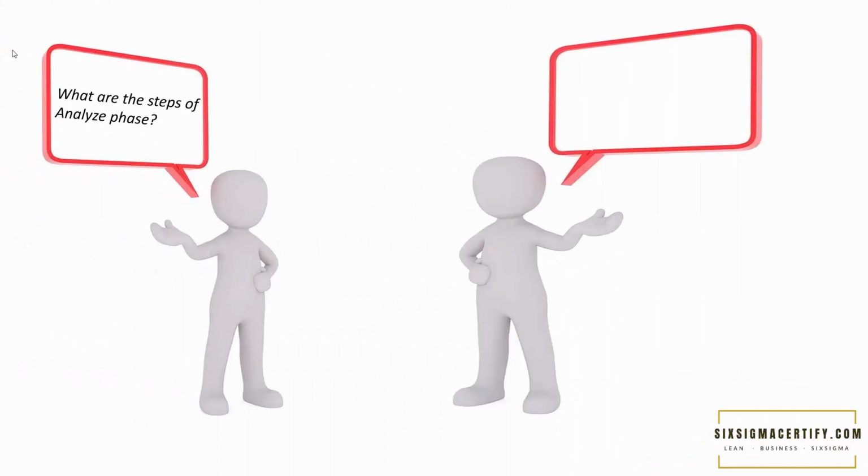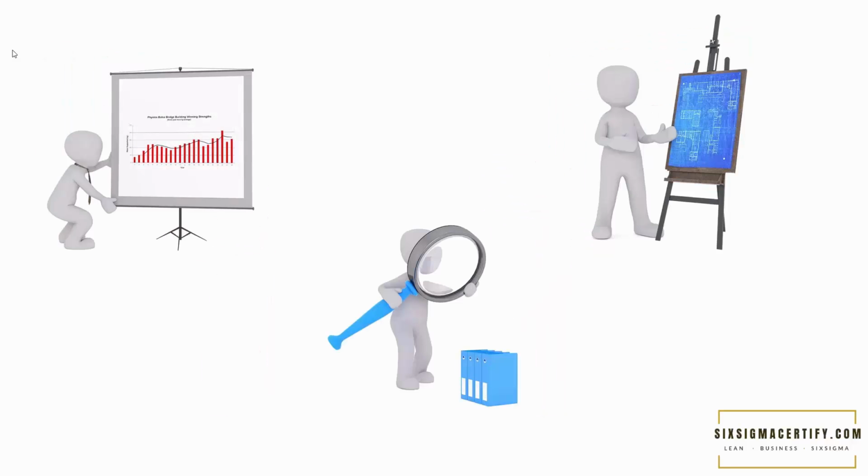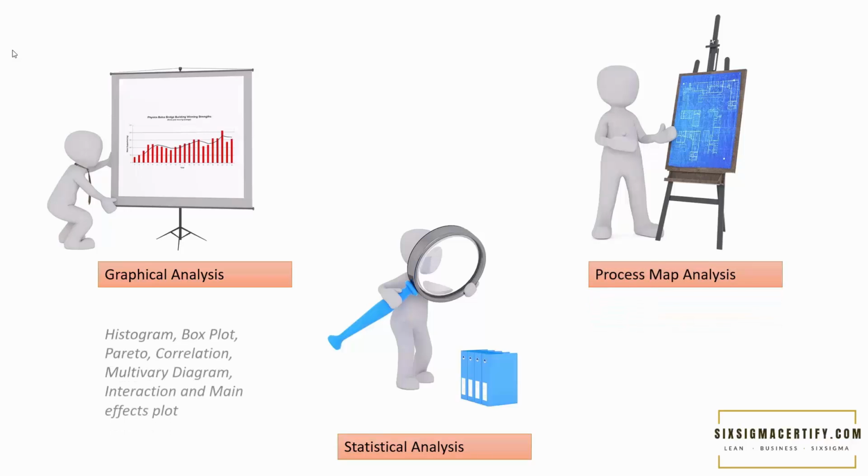So what are the steps of the analyze phase? Now this particular step is performing the graphical, statistical or process map analysis. This is the step where we actually do the analysis part. Different kinds of analysis are performed in the analyze phase, first being the graphical analysis, statistical analysis, and the process map analysis.